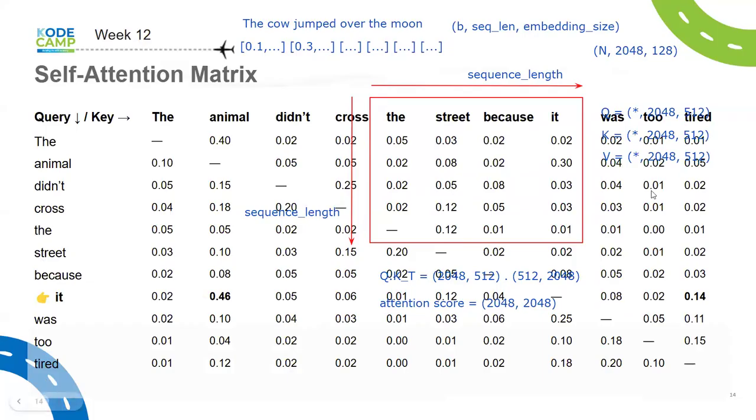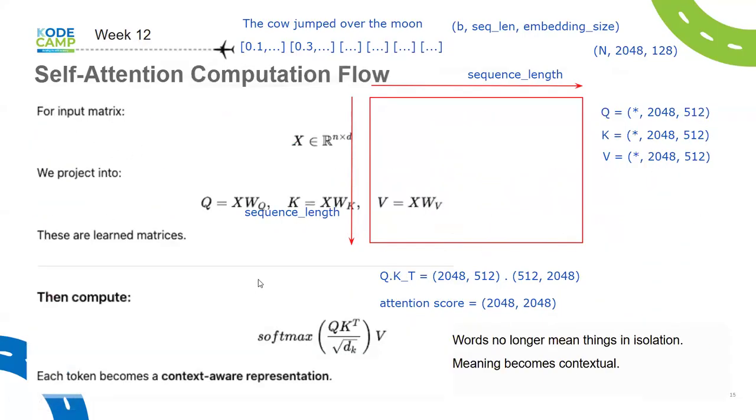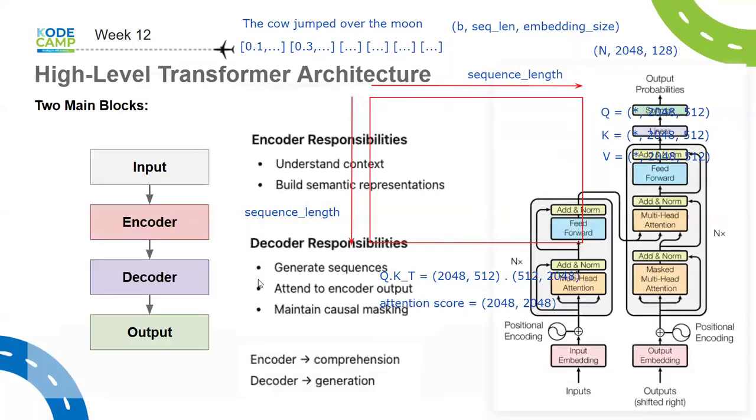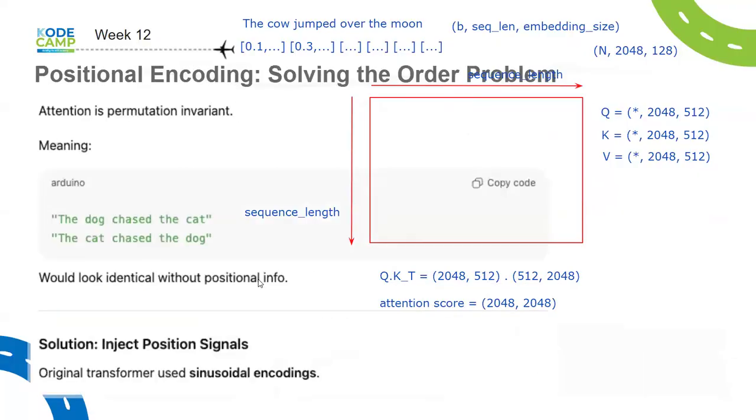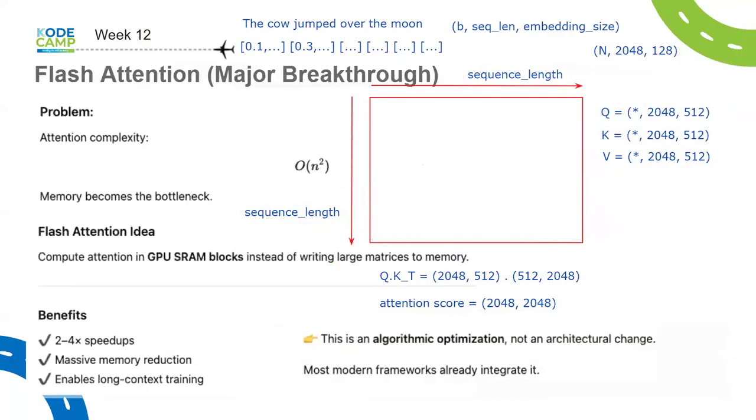So the attention matrix dimension is always sequence length times sequence length. What this means is that it increases as O of n squared. That means the size of the matrix is n squared, where n is the sequence length. So if your sequence increases by a factor of 2, the actual attention matrix increases by a factor of 4. That's n squared.